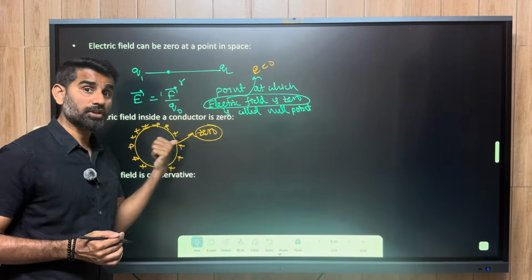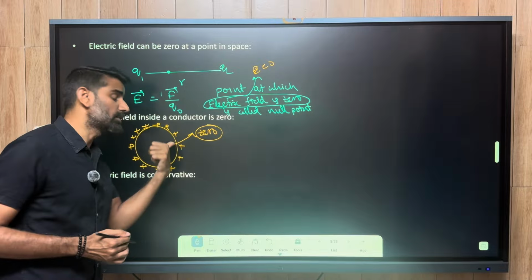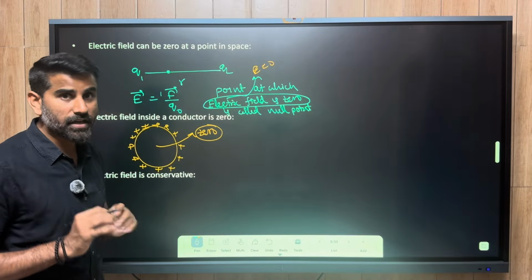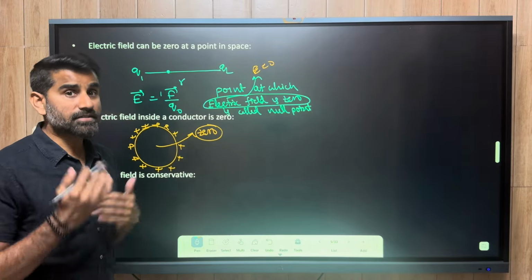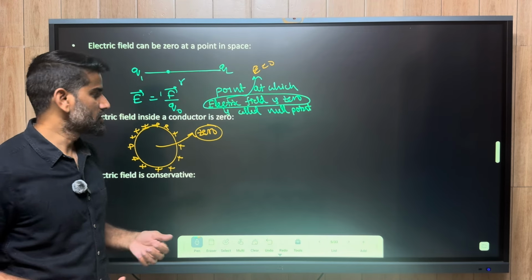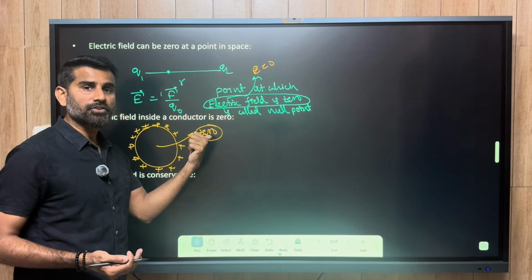Individual charges will always be there, but the net charge inside the conductor is zero.